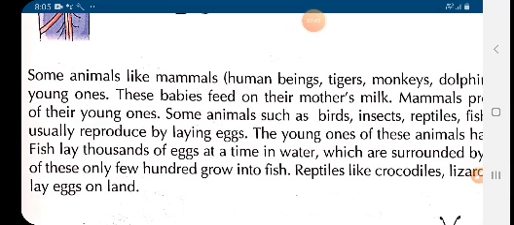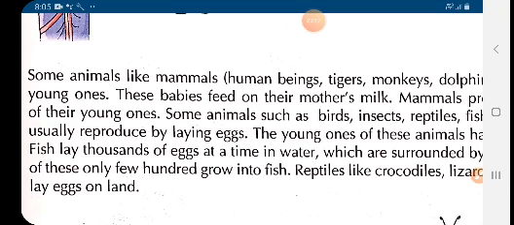Children, they lay several eggs, but only a few survive, and the remaining are eaten by their enemies. So children, here we can say all these animals show reproduction. They reproduce either by laying eggs or by giving birth to young ones, but as they are living beings, they all grow and reproduce.